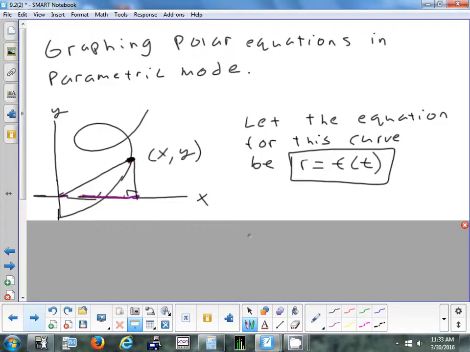When you change that coordinate to parametric, it's going to have an x value and a y value. I'm no longer going to care about what this radius is and what this angle is. And to represent my angle, I used t. How long is this bottom side?